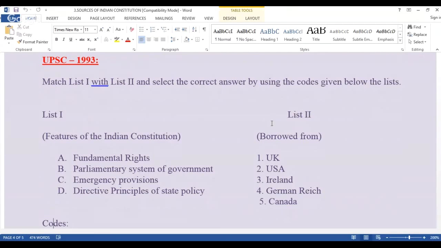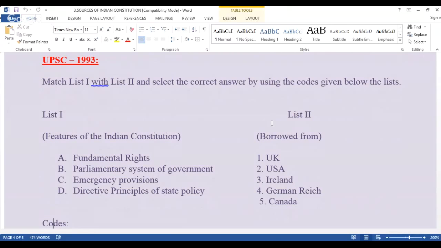Right? So before I show you the answer, you can please match. I'll give you 30 seconds time. This is how you need to practice for UPSC. Have a look at this. Clearly, don't be in a hurry because you know all the things.